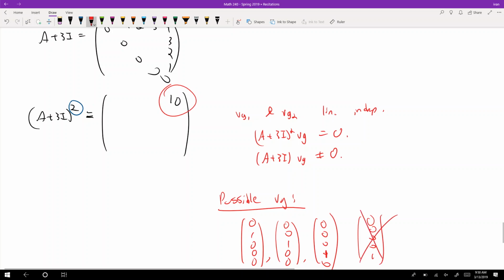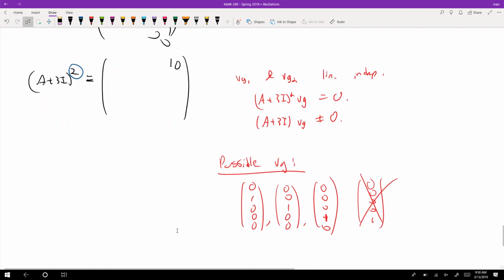This one doesn't work because the 10 pops out. All right? So we can't do that. So these are our three possible VGs. And any other VG that you come up with is going to be a linear combination of these three. So these are the easy VGs you can pick from.